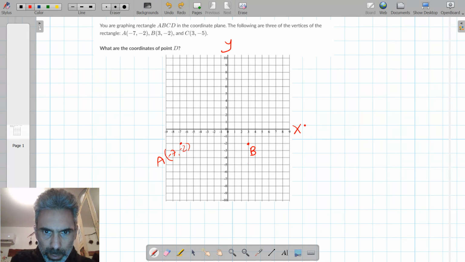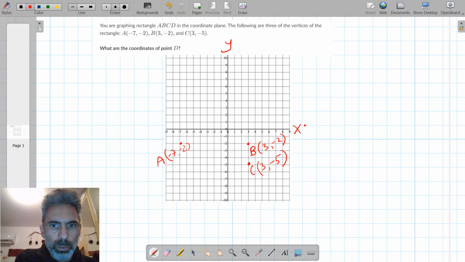So this is point C. So B is 3 and -2, and C is 3 and -5. What are the coordinates of point D?